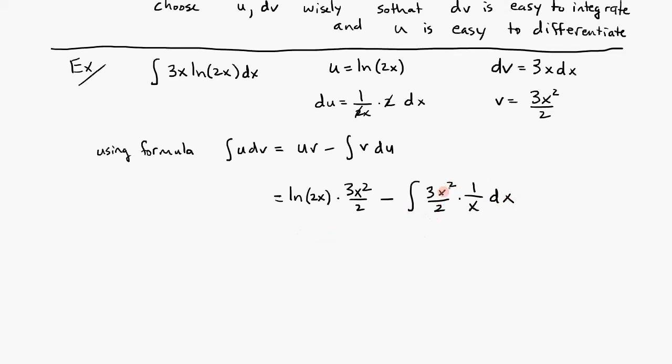And so the x squared will cancel with x, and then we'll see that this integral is much easier to compute than the original integral.